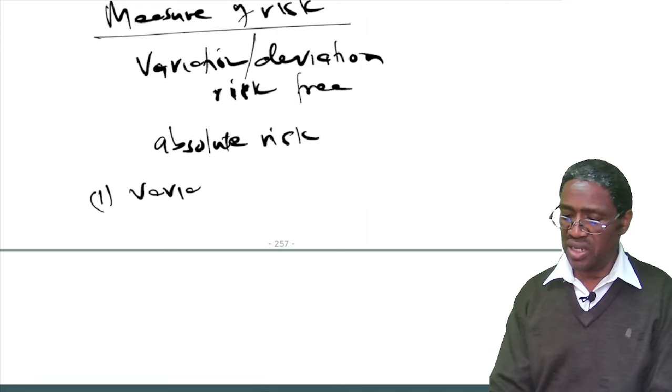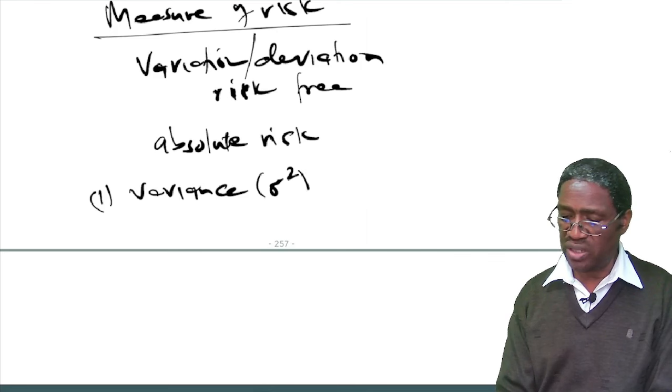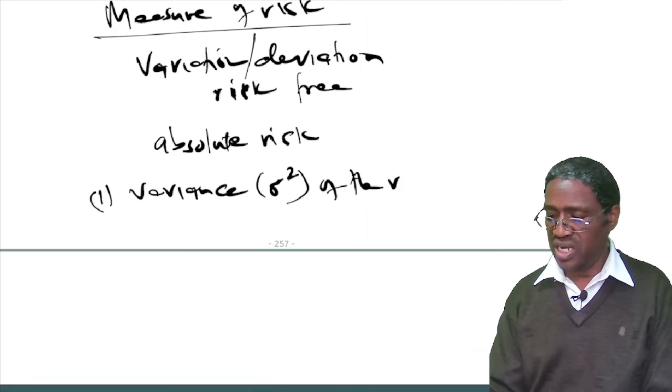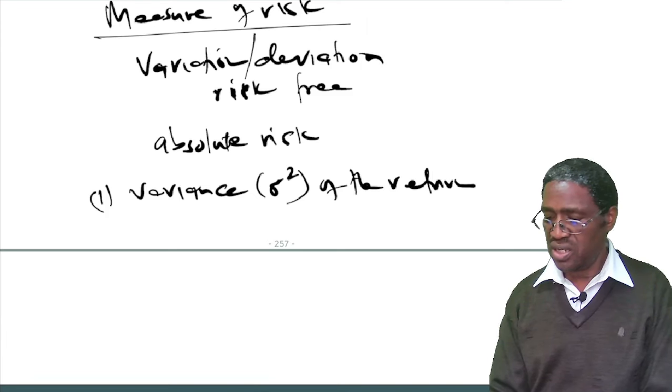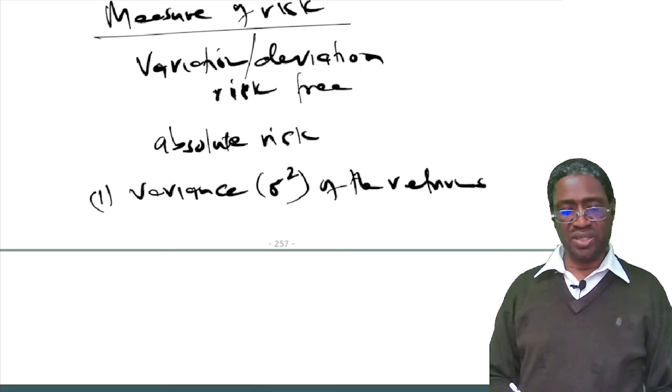This is variance, put in bracket theta squared of the returns.